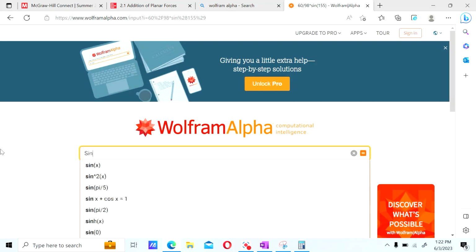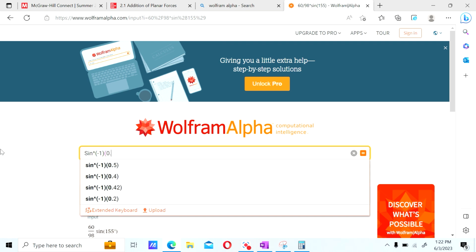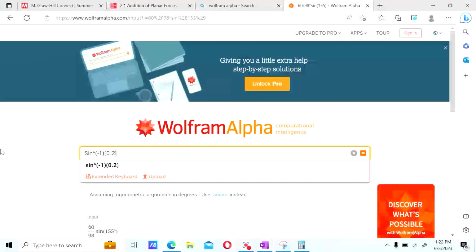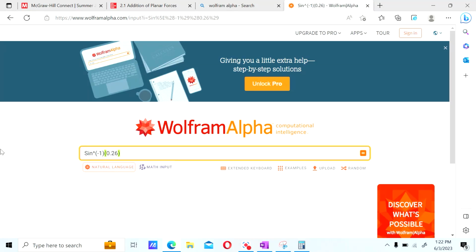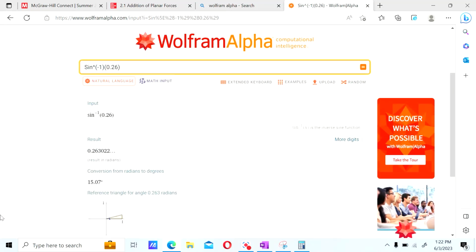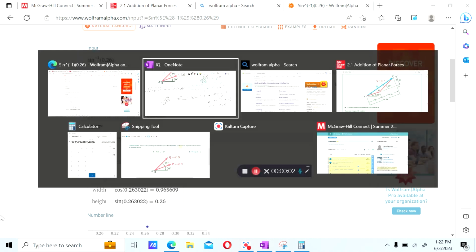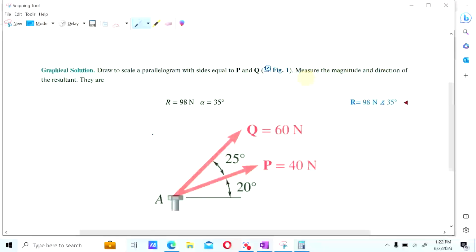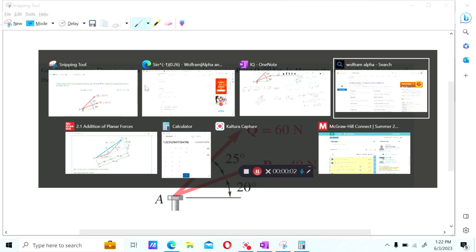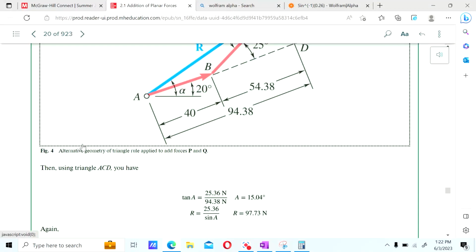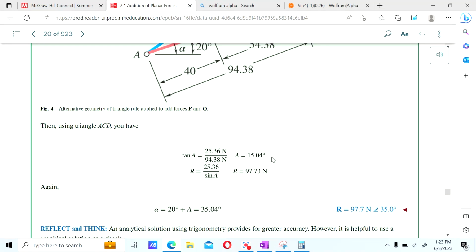So I guess it would be sine to the minus 1 of 0.26. 15.07. Is that correct? Yeah, 15.04. There you go.